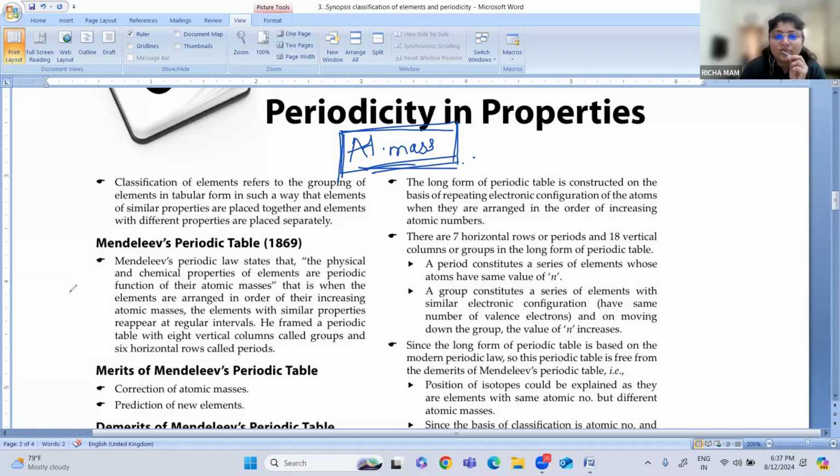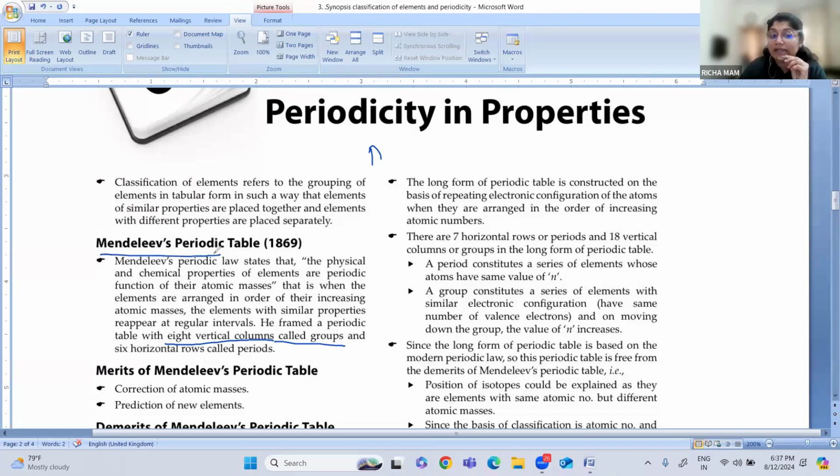Whichever elements were having similar properties were falling in the same group after a certain interval. And remember that in Mendeleev's periodic table there were 8 vertical columns, and they were called groups.